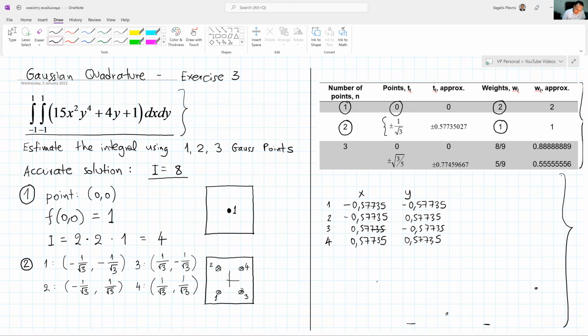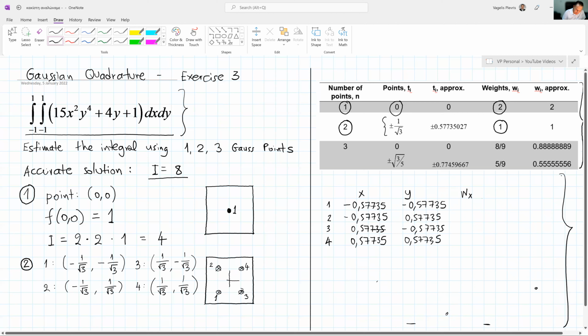Then I have wx and wy. All of them are 1 in this case, because according to the theory, with two Gauss points, the weights are 1.